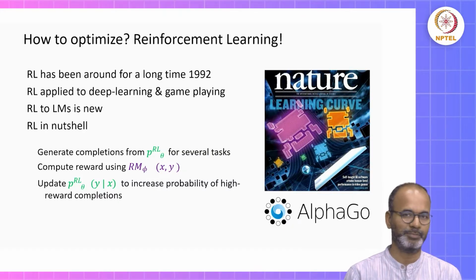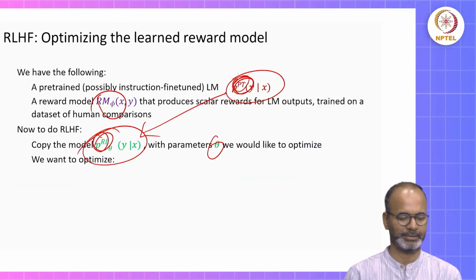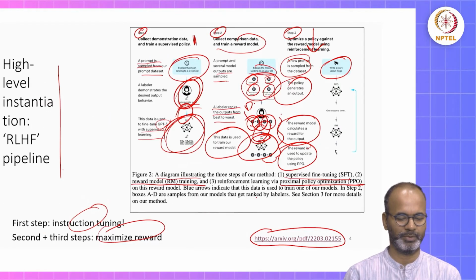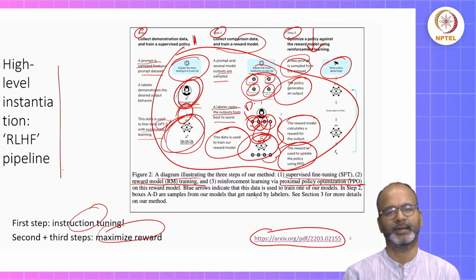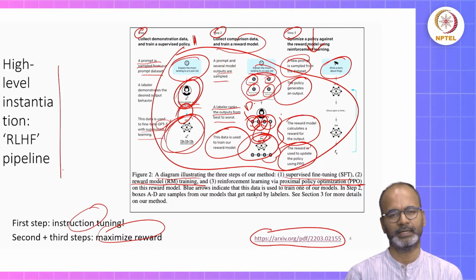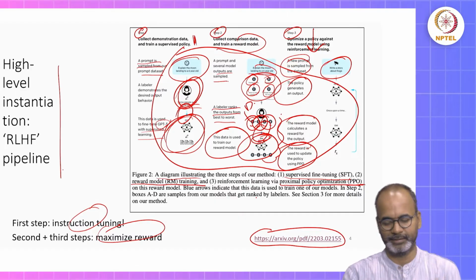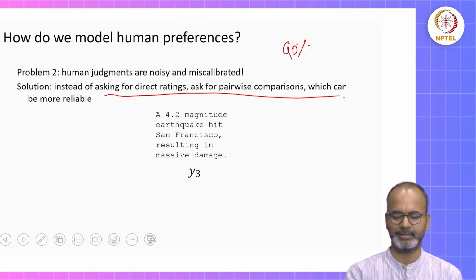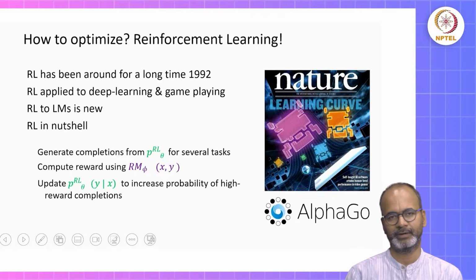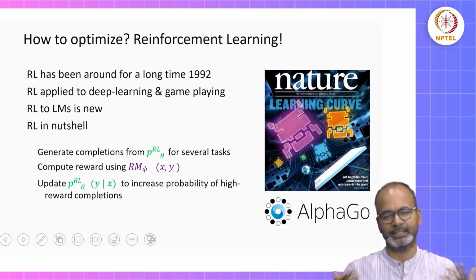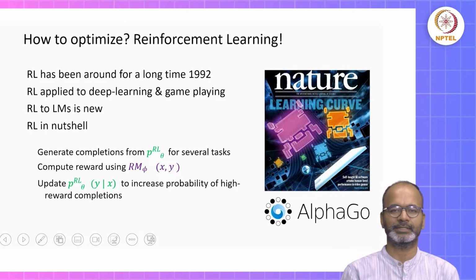RL for language models is probably new, thanks to companies like OpenAI, which is making RLHF exciting now. Later in the deck, we'll see the limitations of RLHF, since the models we are seeing being used are primarily limited by the RLHF models.